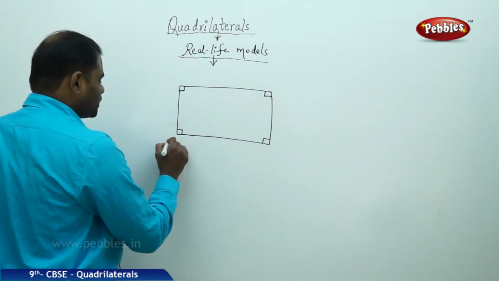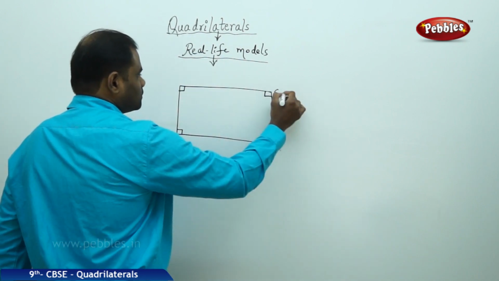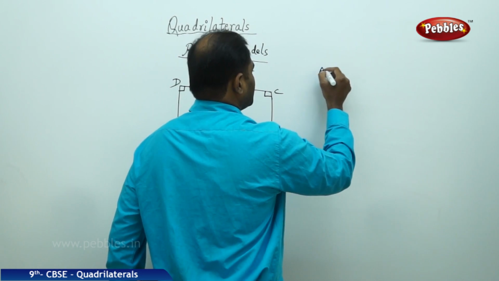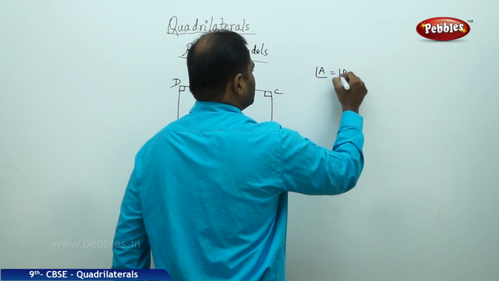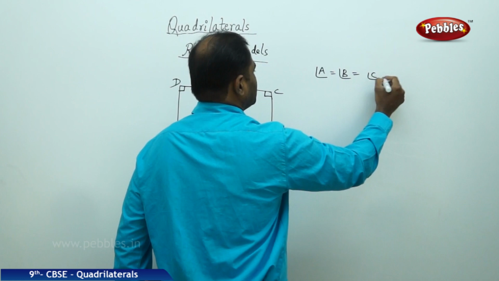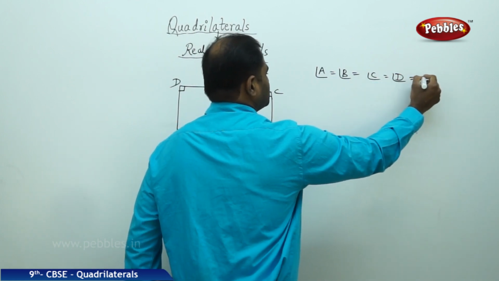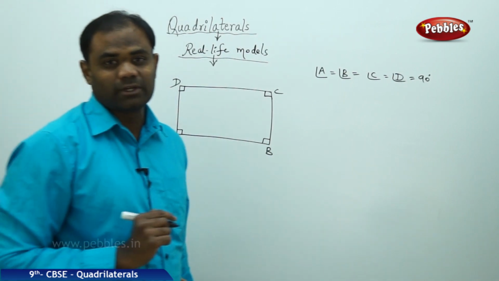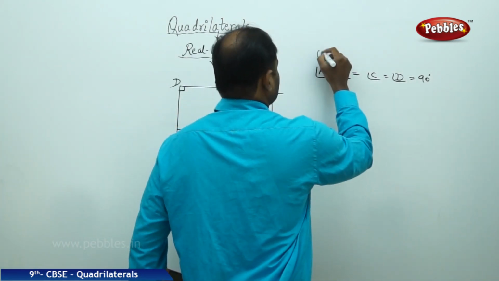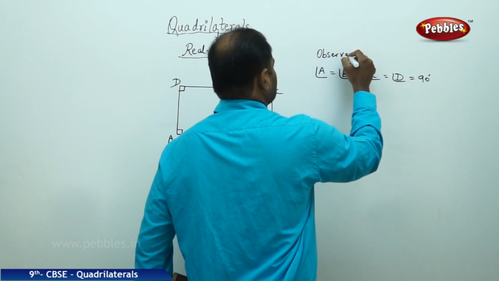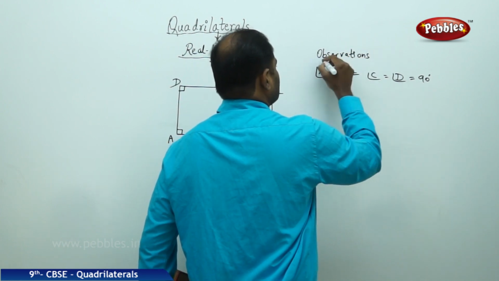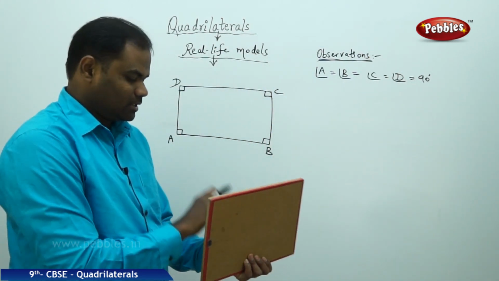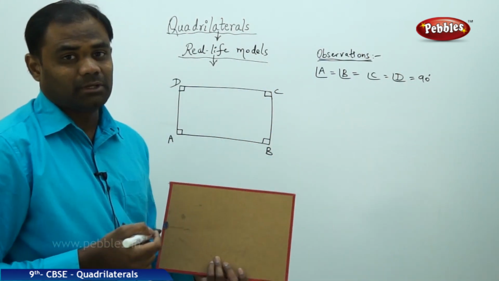So the second thing I observe: let me write here, angle A, angle B, angle C and angle D are all each equal to 90. That is my first observation, with each angle being 90.